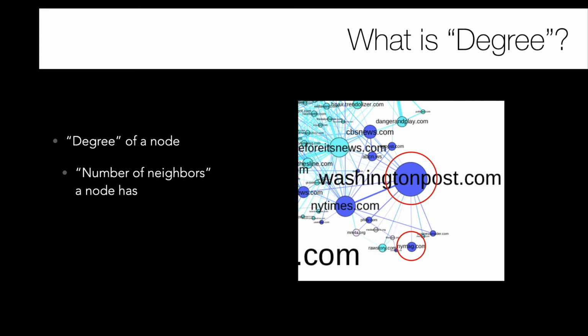And we can talk about this as a different way of evaluating importance, where we talk about importance as a characteristic of degree, where a node's degree is defined as the number of neighbors that particular node has. We can say that the degree of the Washington Post website is much higher than the degree of the New York Magazine website, which tells us potentially something about how important the Washington Post website is to the overall network.